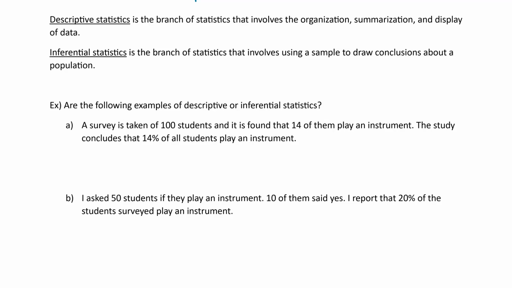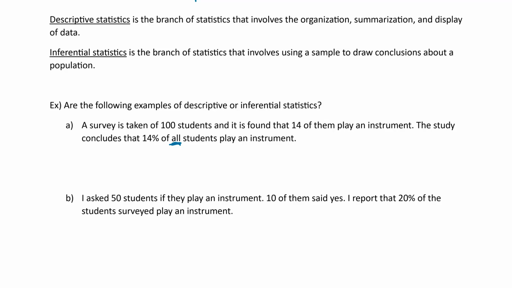So, for example, we're going to see which of the following are descriptive or inferential statistics. For A, a survey is taken of 100 students and it is found that 14 of them play an instrument. The study concludes that 14% of all students play an instrument. All right, so the key word here is all.